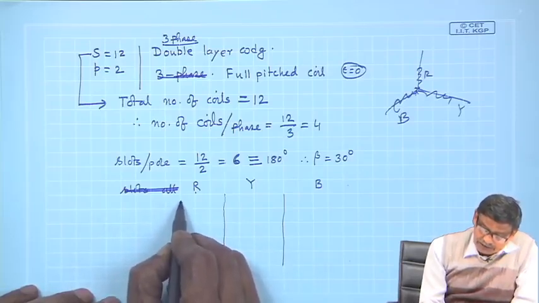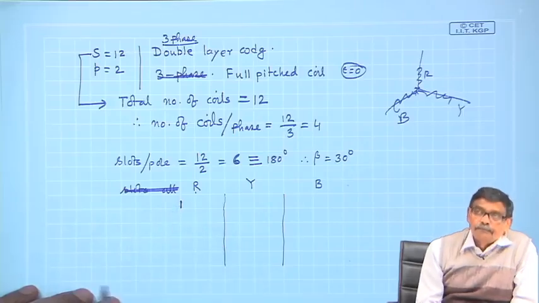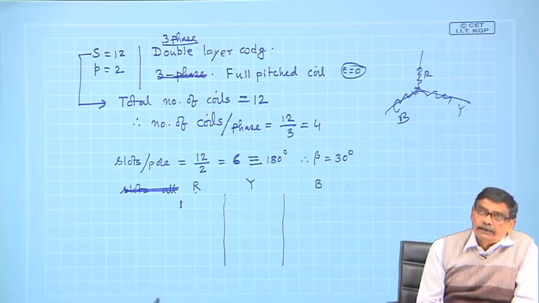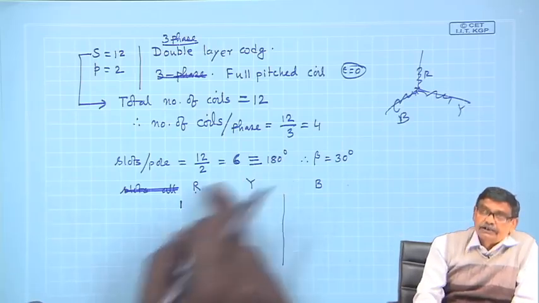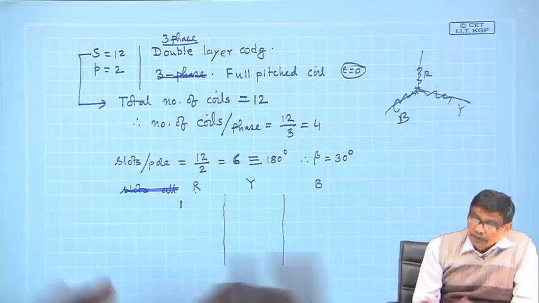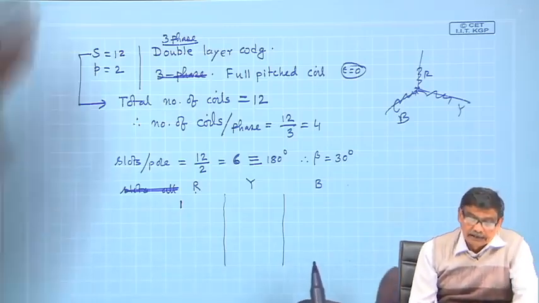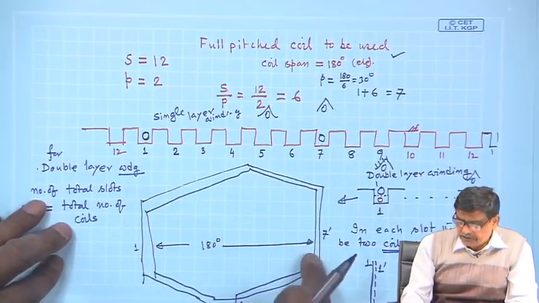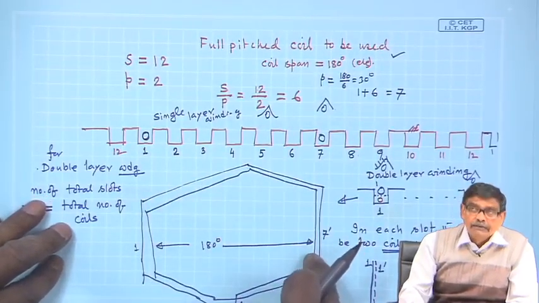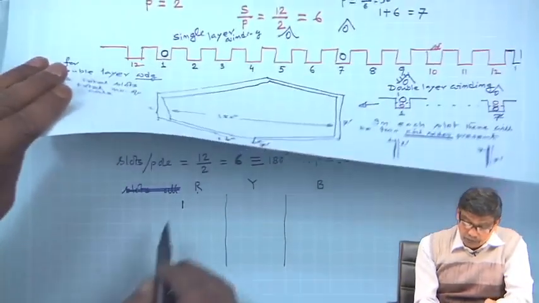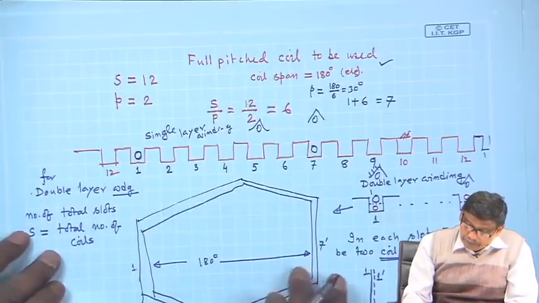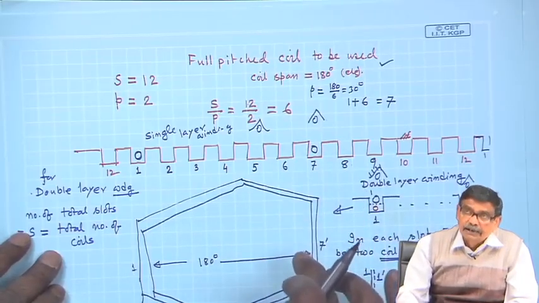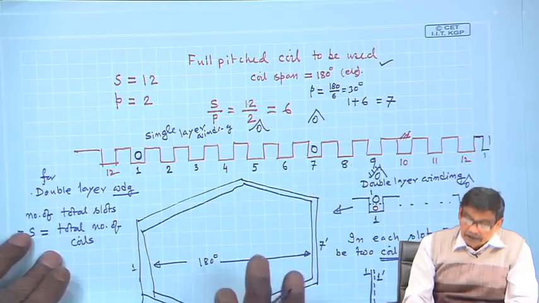I put 1 coil side in slot 1. What will be its return coil side? In which slot will this coil side return? 1 plus 6, 7. That is what I told you here. Same example, 1 must return through 7, but if this 1 is on the upper deck, the returning 7 coil side I will name as 7 dashed, 7 prime, because it will be below.